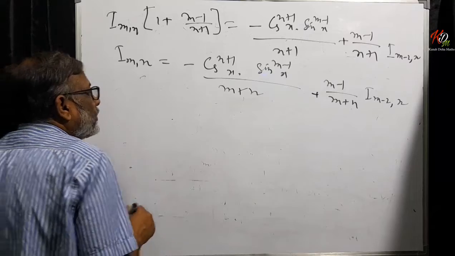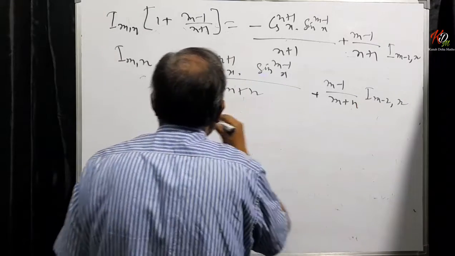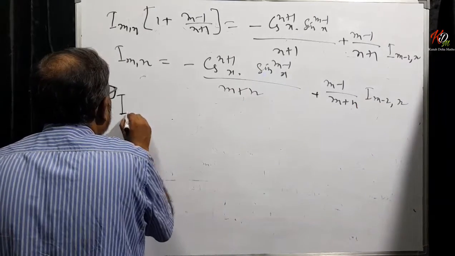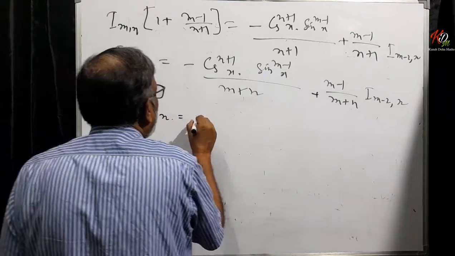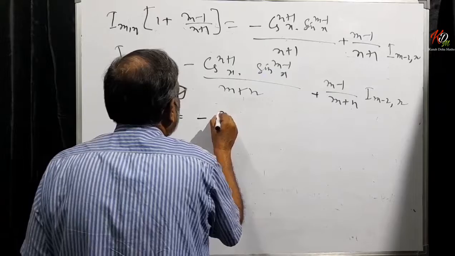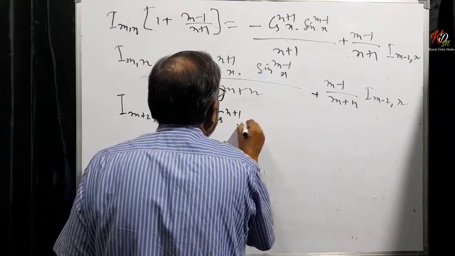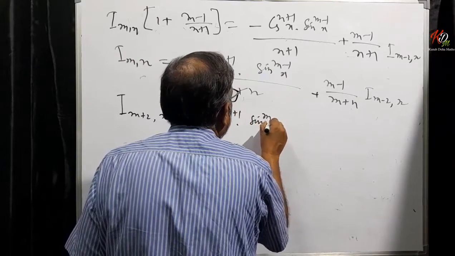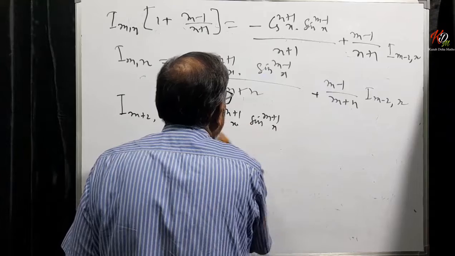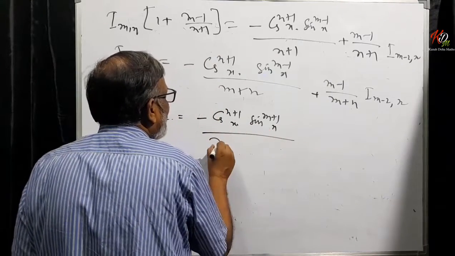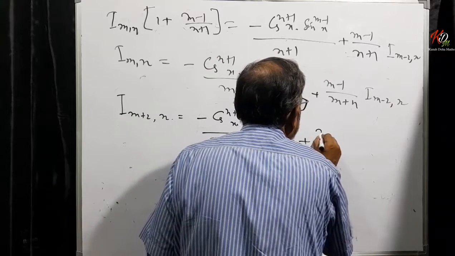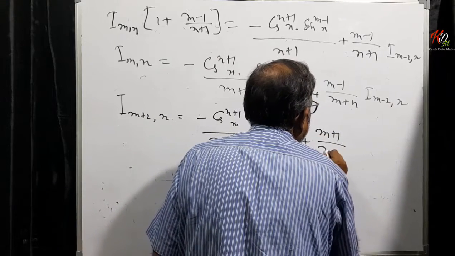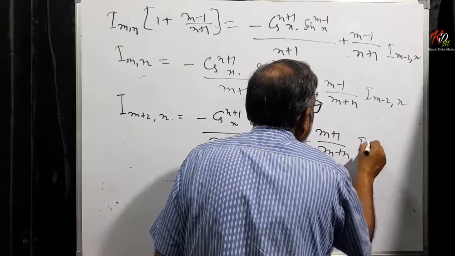If we replace m by m plus 2, we have I m plus 2, n equals minus cos to the power n plus 1 x sin to the power m plus 1 x by m plus 2 plus n, plus m plus 1 by m plus n I m n.